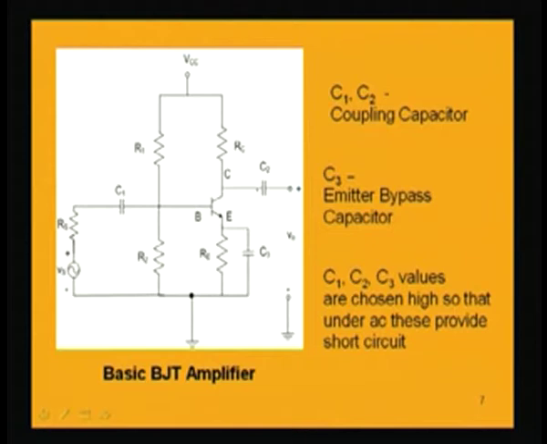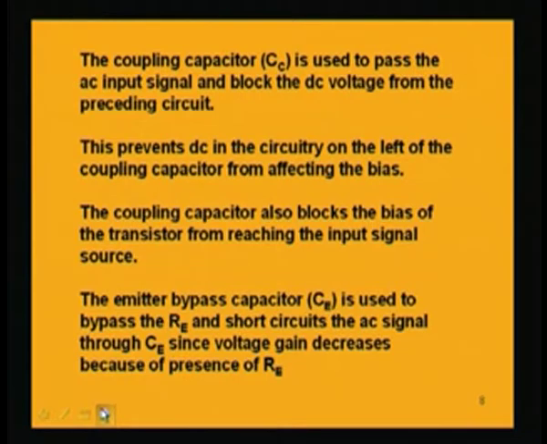These capacitors are present to couple the signal, and this capacitance C3 is the emitter bypass capacitor. The reason for applying C1 and C2, which are coupling capacitors, is that they are used to pass the AC signal only and block the DC component.